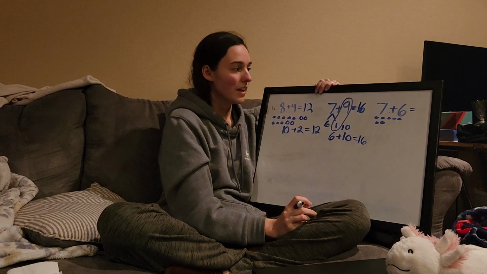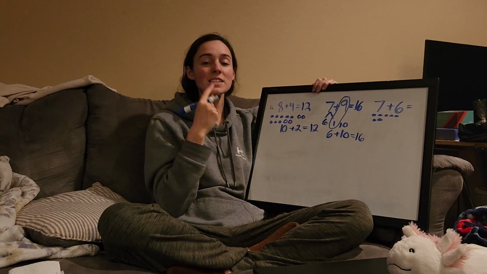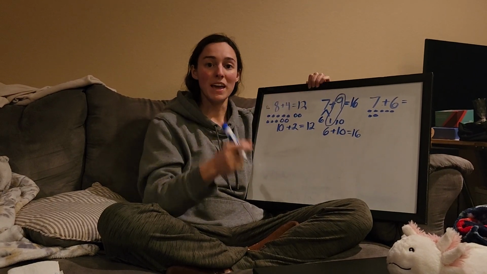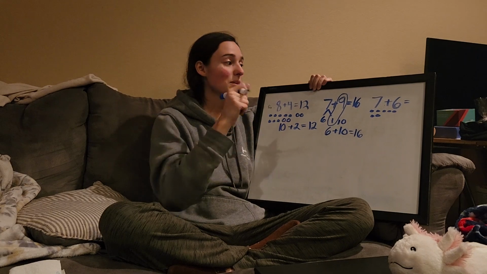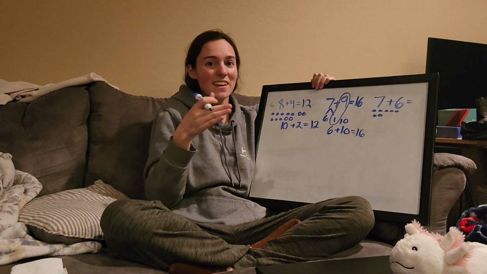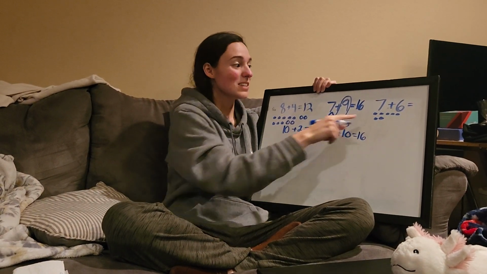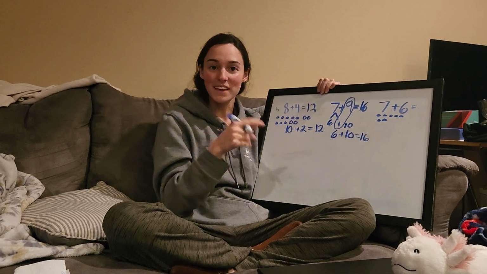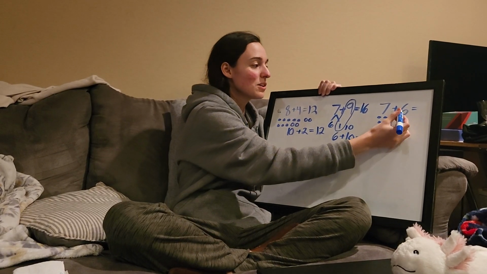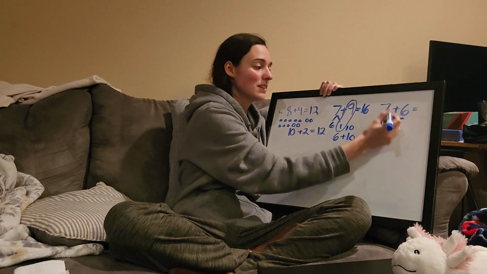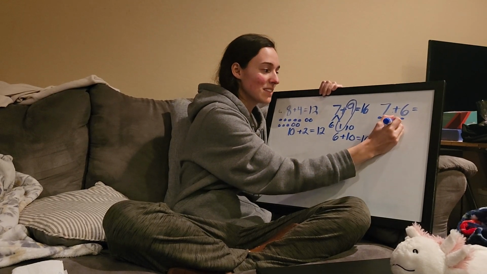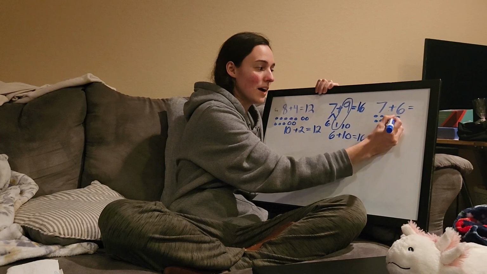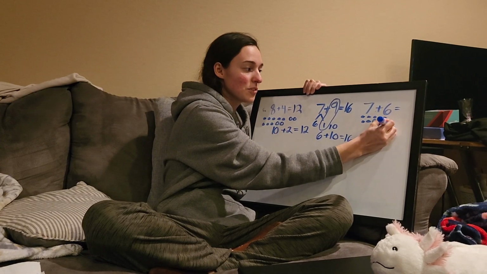Now I think, what is the friend of 7 that makes 10? It's 3 and 7 according to our song. So I know I need 3 more to make that 10. I start by counting, starting right here to make the 10. So I have 1, 2, 3.